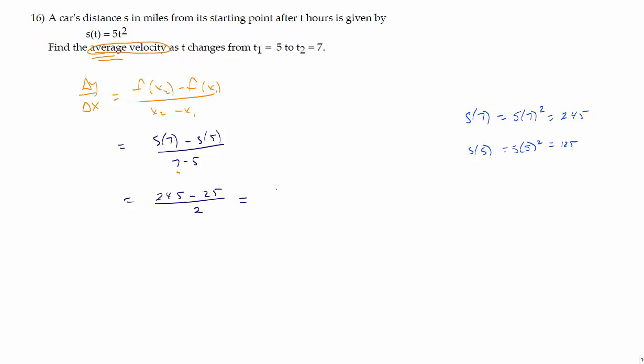And so this will give me 120 over 2, or 60. So I've got to figure out my labels, of course. My distance is in terms of miles, and it's after t hours. So my label is going to be miles per hour. And that is my average velocity.